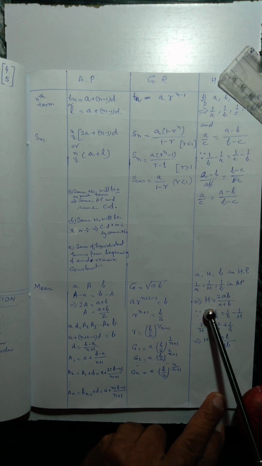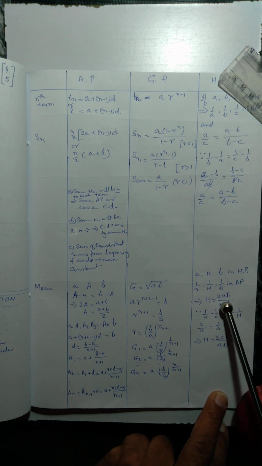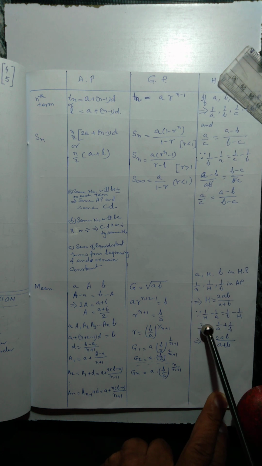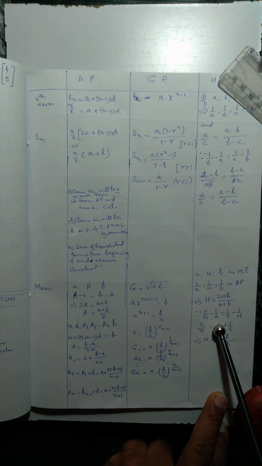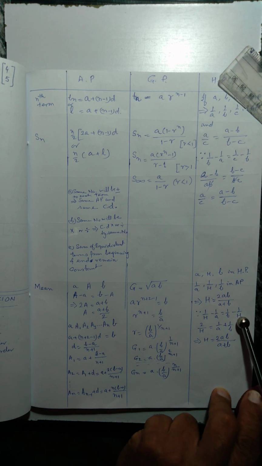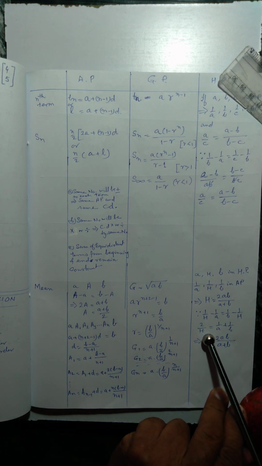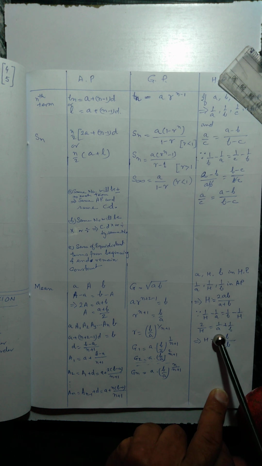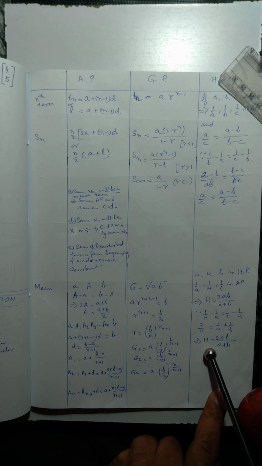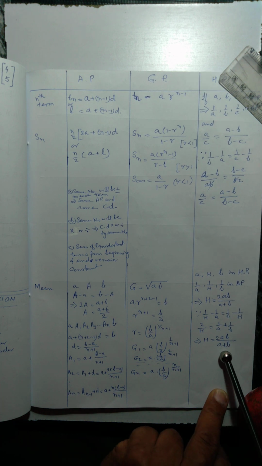This implies that H is equal to 2ab upon a plus b, because we know that 1 upon H minus 1 upon a is equal to 1 upon b minus 1 upon H. So 2 upon H is equal to 1 upon a plus 1 upon b. So H is equal to 2ab upon a plus b.